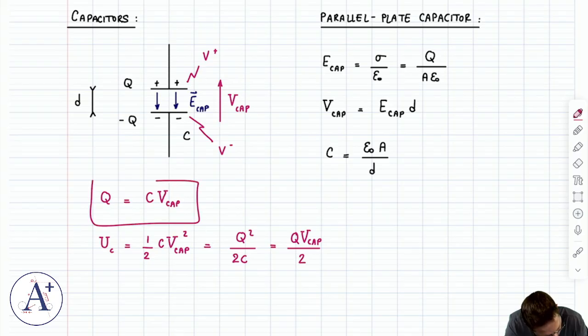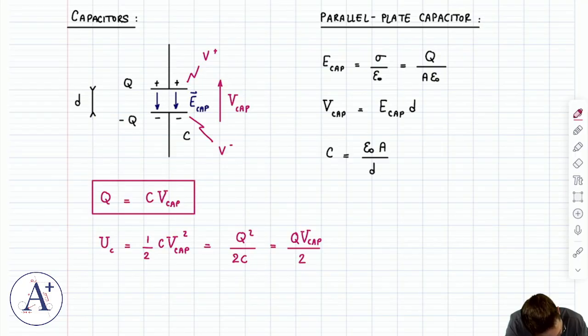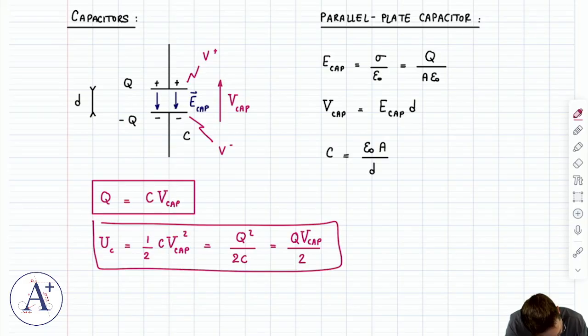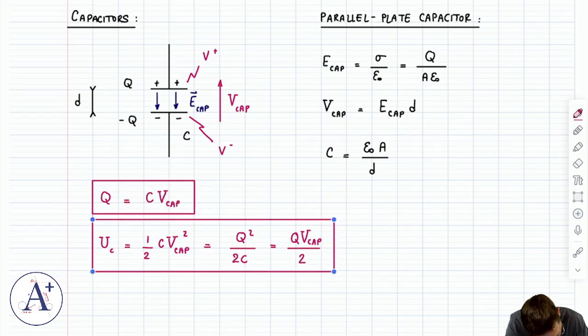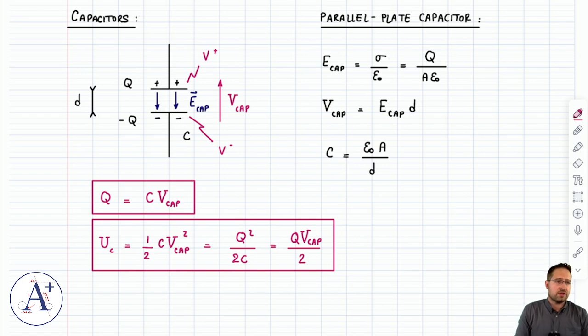Okay, so this is for all capacitors. That is a general definition of capacitance and its relationship to voltage and charge. And this is a general definition of the electric potential energy stored in the capacitor. Okay, so this is for any capacitor.